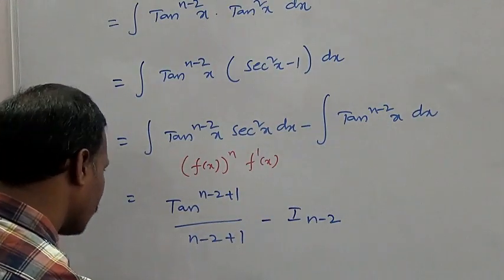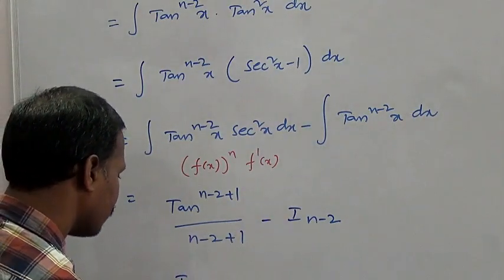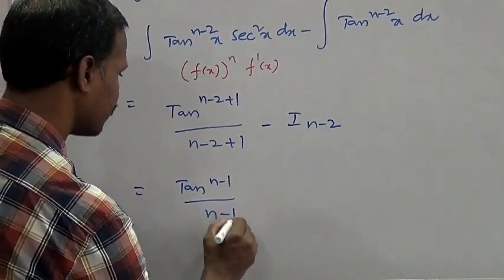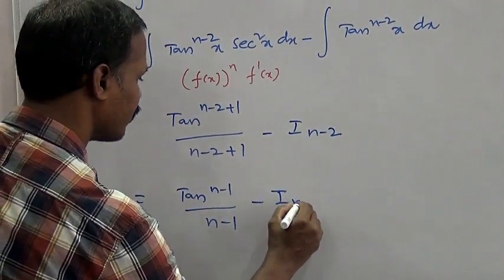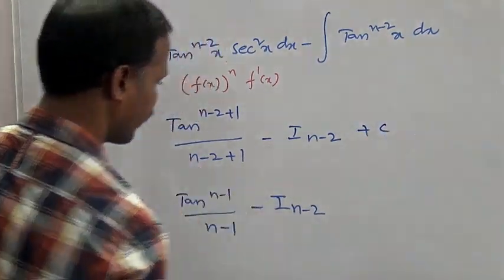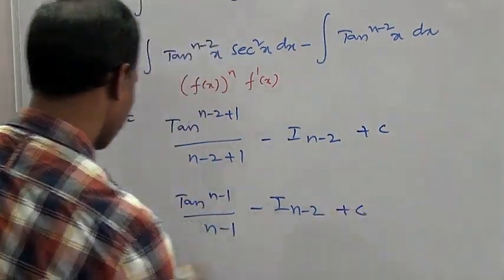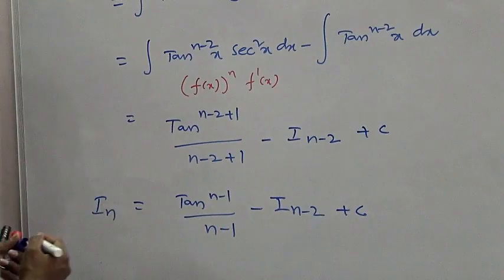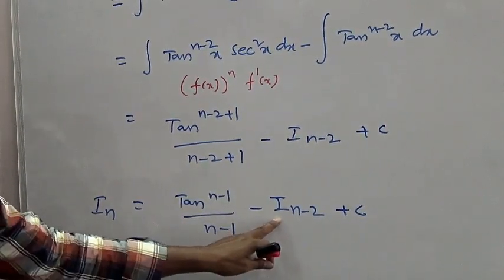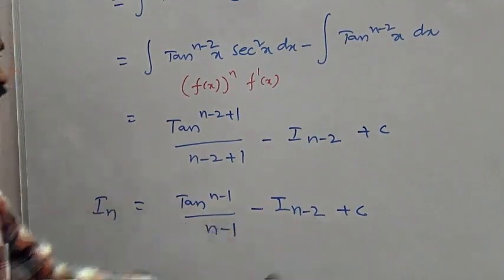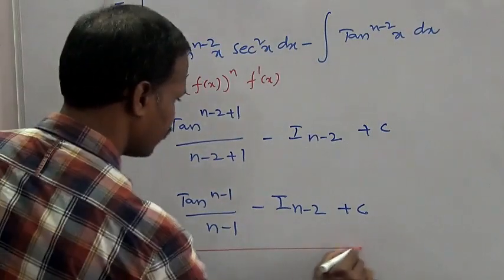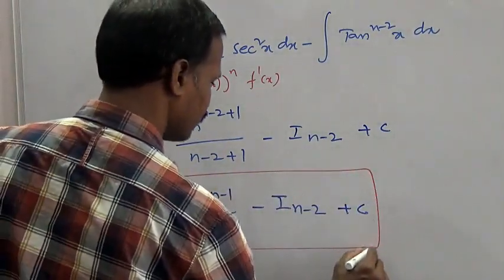Now this is equal to tan power n minus 1 by n minus 1 minus I_{n-2}. In integration you have to use plus c here. So I_n equal to tan power n minus 1 x by n minus 1 minus I_{n-2} plus c. So this is the reduction formula for integral tan power nx dx.